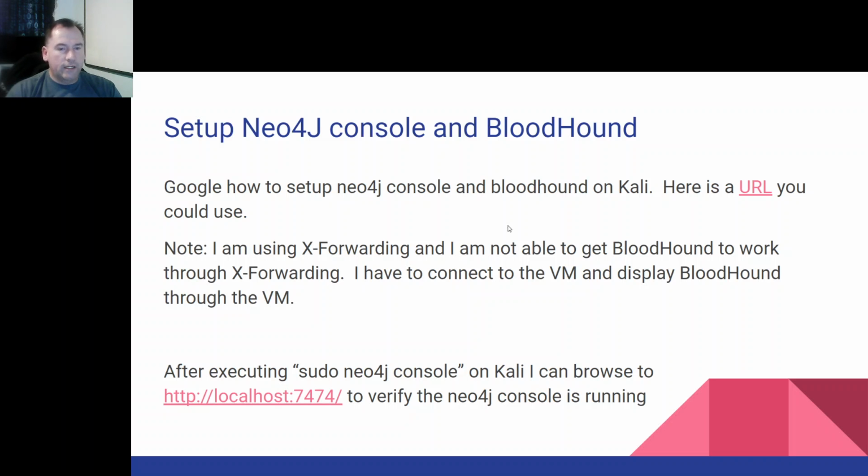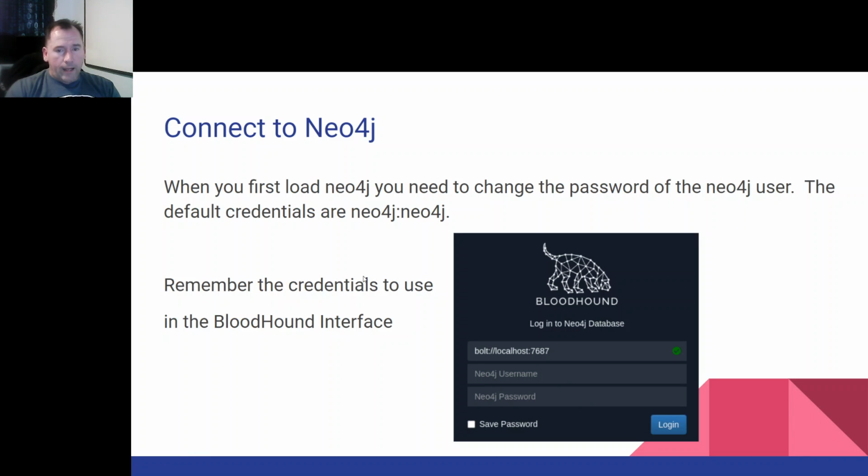If I were to install it again, I would set it up so that I wouldn't have to run sudo. You can browse to localhost:7474 to verify the Neo4j console is running. And when we come back, we will talk about connecting to Neo4j.